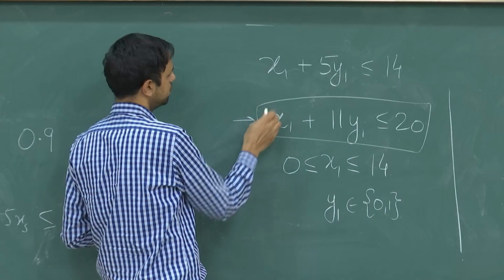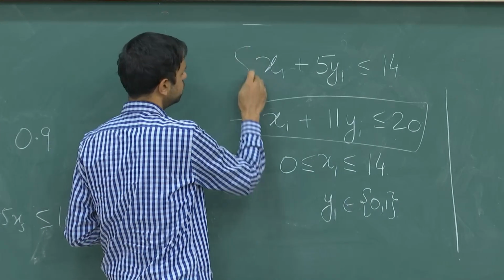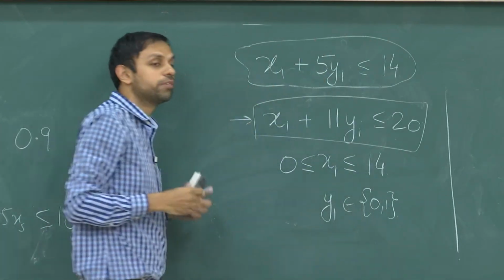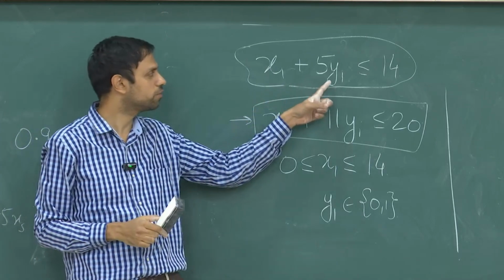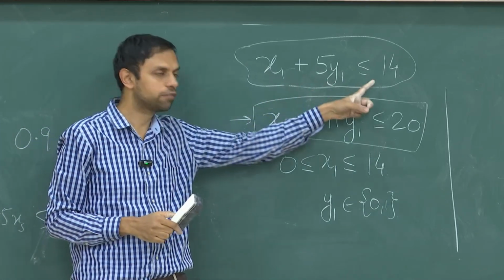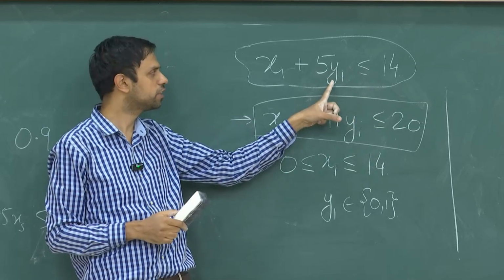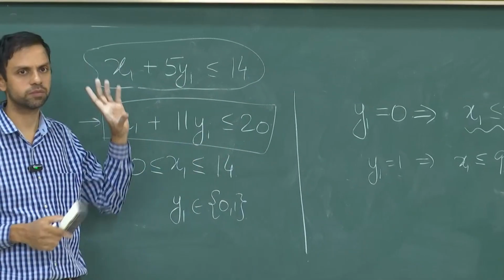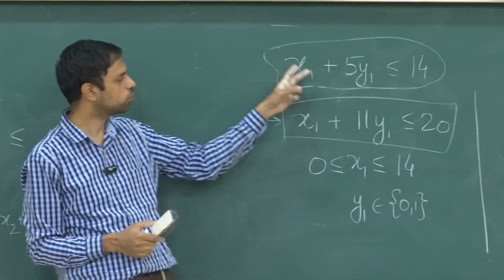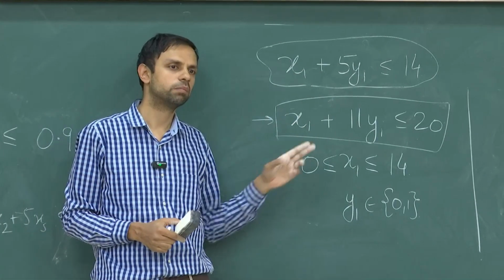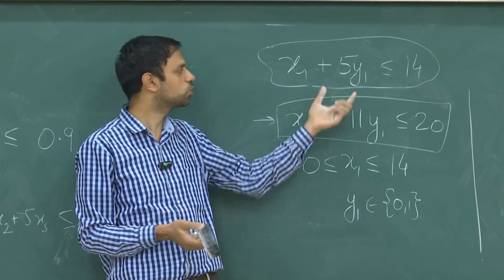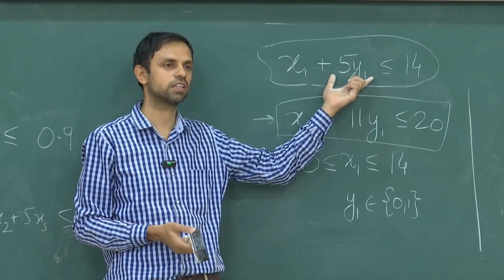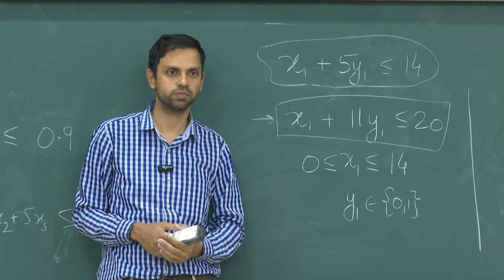If I replace this constraint by this one, my set remains the same, because when y1 is 0, I still have a redundant constraint, and when y1 is 1, I have x1 less than or equal to 9. Here both S1 and S2 are the same, but if you draw a geometric picture, you will see that this is actually tighter.